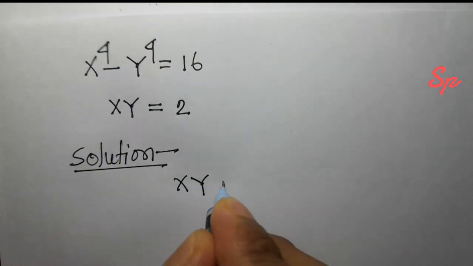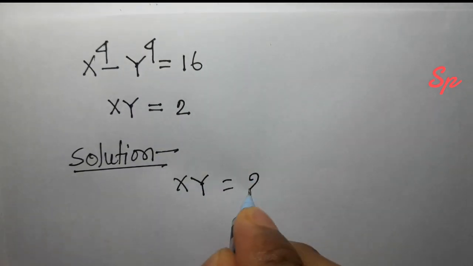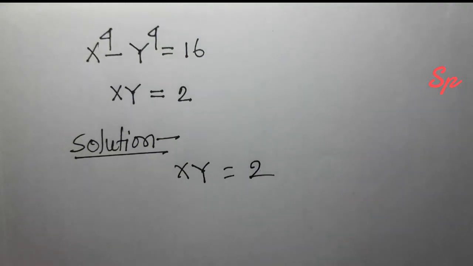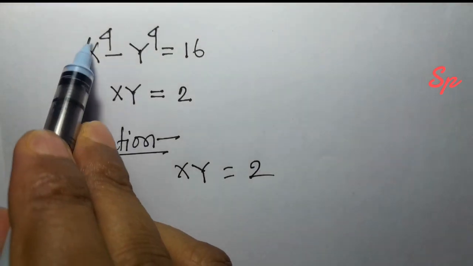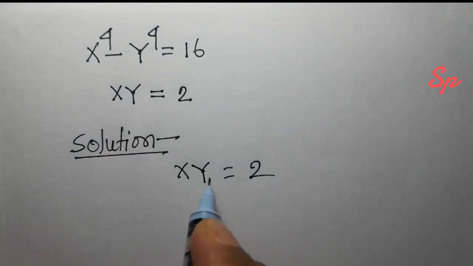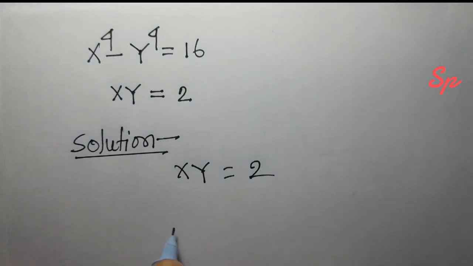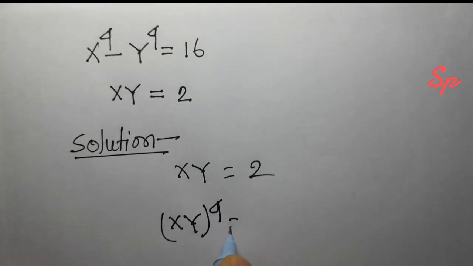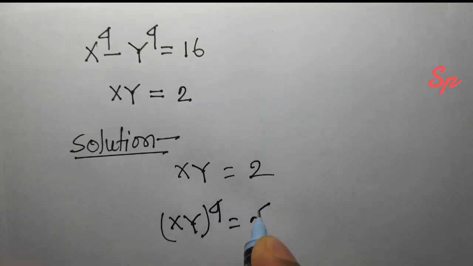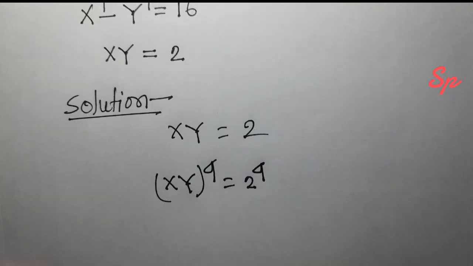From the second equation, xy is equal to 2. Here we have x to the power 4, so we raise both sides to the power 4: (xy) to the power 4 is equal to 2 to the power 4.